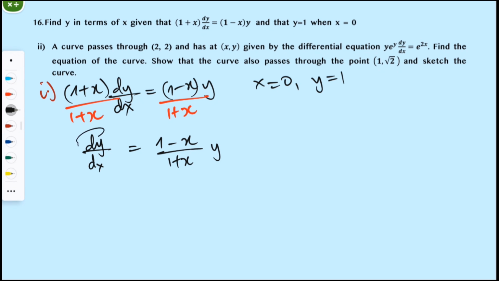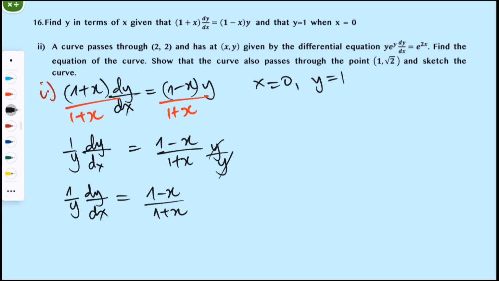I have to carry this y over to where dy is, so I'm going to divide both sides by y, and then this will be 1 over y dy by dx equal 1 minus x over 1 plus x. Since we have all the x's here, let's take this one to the right hand side. So it goes up over there, and we have 1 over y dy equals 1 minus x over 1 plus x dx.